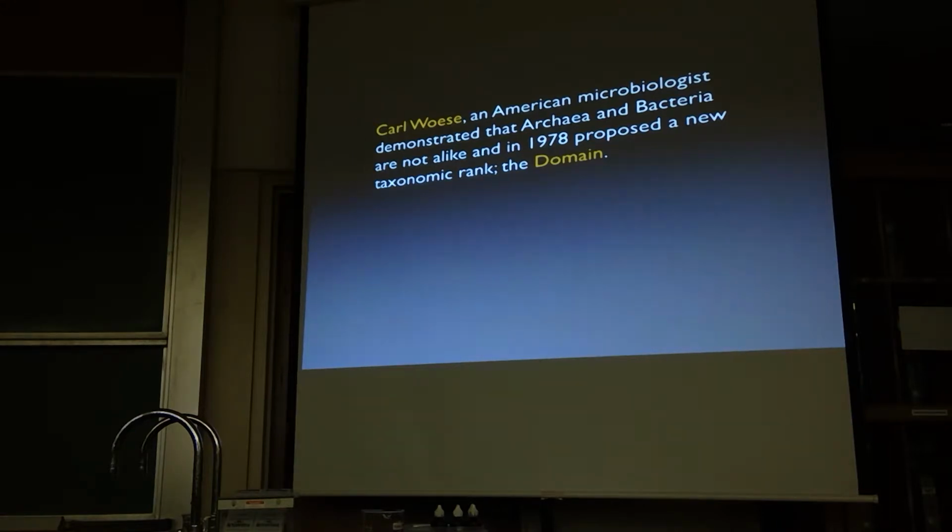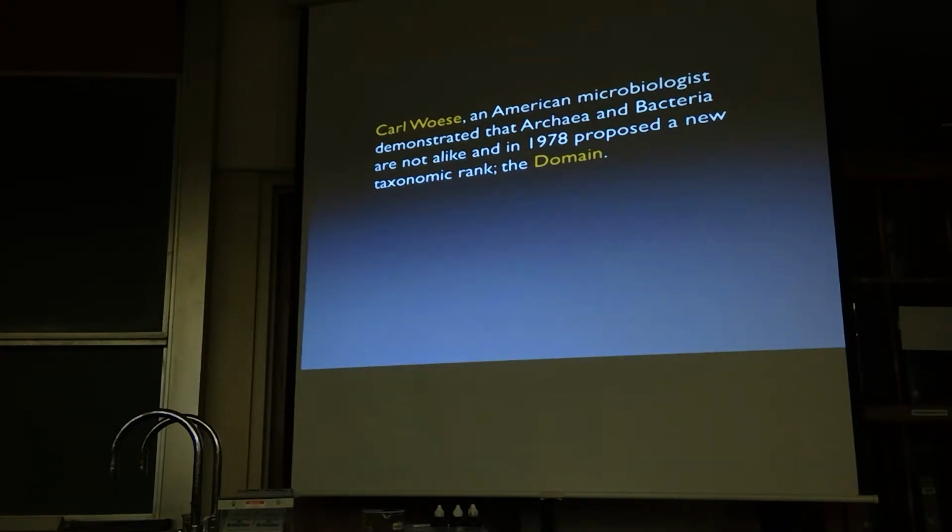What Carl Woese found out using ribosomal RNA sequences was that all eukaryotic cells are very closely related. It doesn't matter if they're plants, animals, fungi, protozoa, algae, they're all very closely related. Meanwhile, in the prokaryotic category, the ones that don't have nuclei, there were two major groups that were not related to one another at all. So that's a little startling.